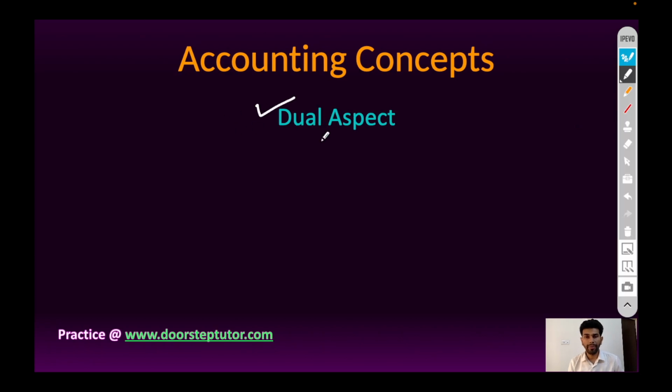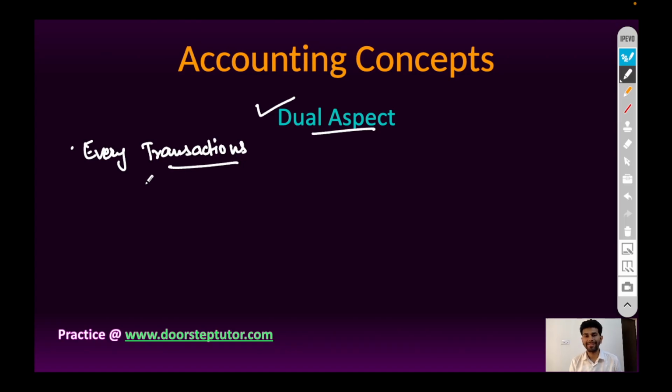Next is the dual aspect concept. It states that every transaction or event has two aspects. Transaction means purchase, sales, rent received, rent paid, salary paid, interest, dividend received, commission paid. All these are transactions.